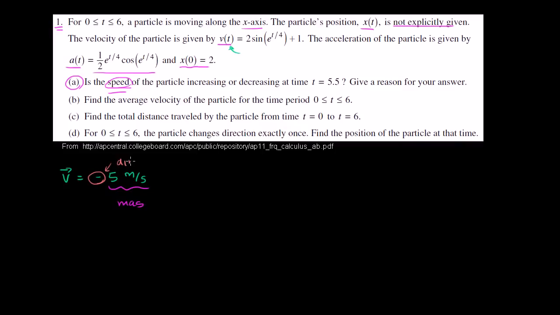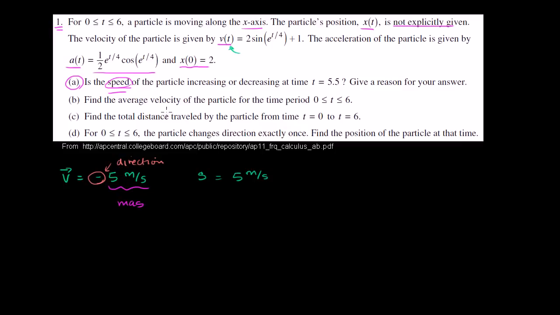Your velocity could be negative 5 meters per second, but your speed would just be 5 meters per second. So your speed is 5 meters per second whether you're going to the left or to the right. Your velocity, you actually care whether you're going to the left or the right. So let's just keep that in mind while we try to solve this problem.